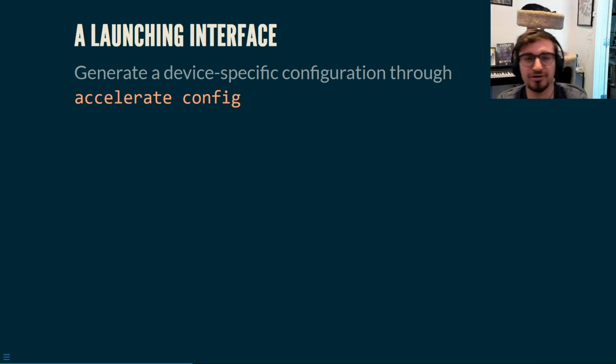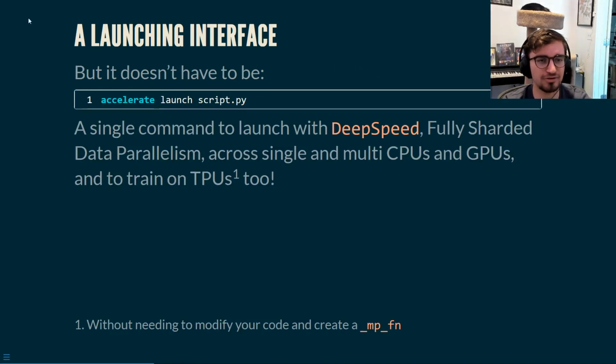So, how many GPUs are you using? Are you using a TPU? Are there any device configurations you want to have? And it will save this into a YAML file in Hugging Face's cache folder it makes. This is what enables you to do accelerate launch script, because it's going to read from this file and go, all right, this is how he wants it.